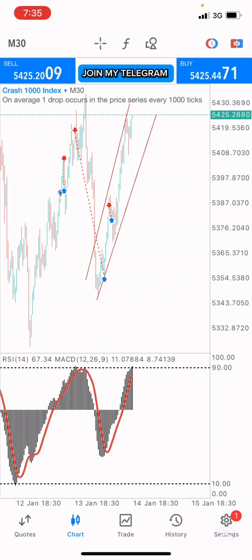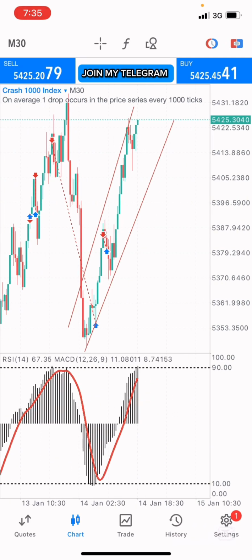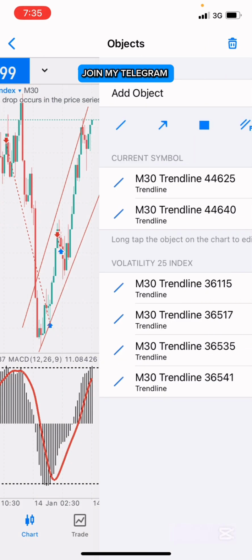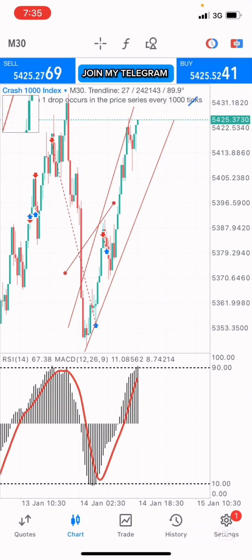Then we zoom in a little. Now we can see a very clear movement of this market, as the market is going towards the upward position. Then we'll put in another trend line and we'll put it to the side at this point here.